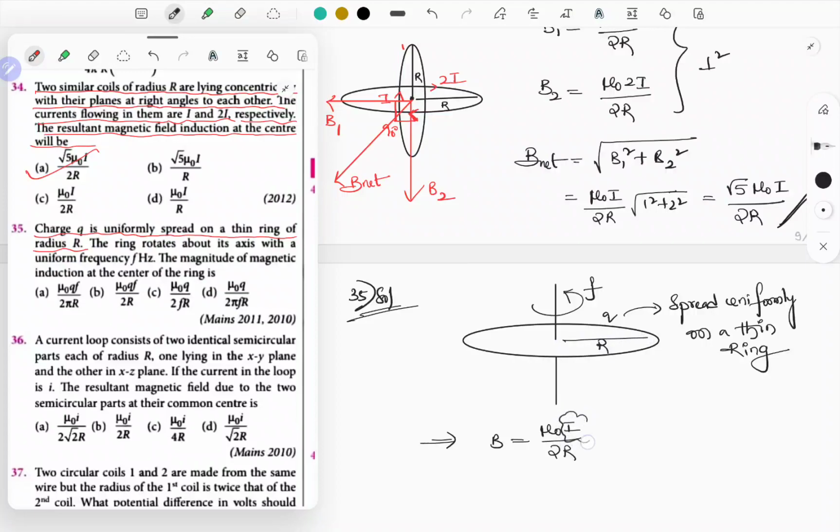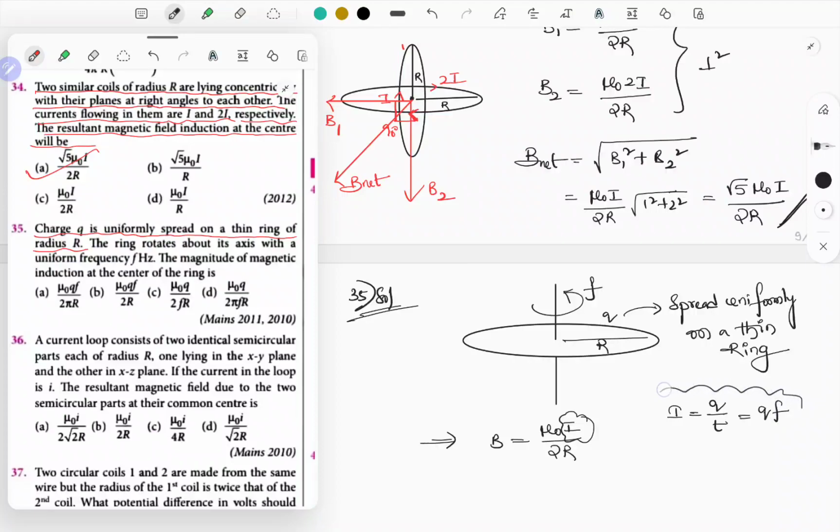Do I know the current? No, I don't know. Is this ring rotating? Yes, it is rotating. If it is rotating, the charge on the ring also rotates, right? So the motion of a charge constitutes a current. What's the general formula for current in terms of charge? I is equal to Q by T, right? So 1 by T can be replaced by f, so I is Q into f.